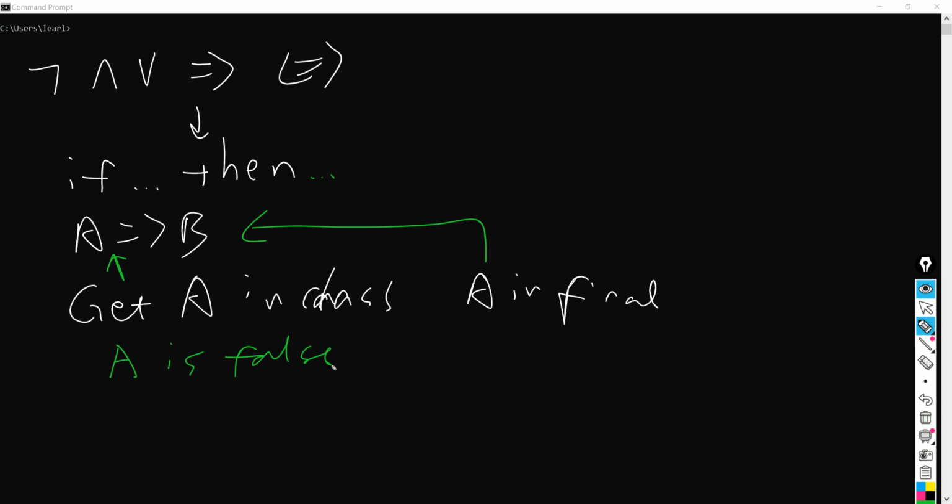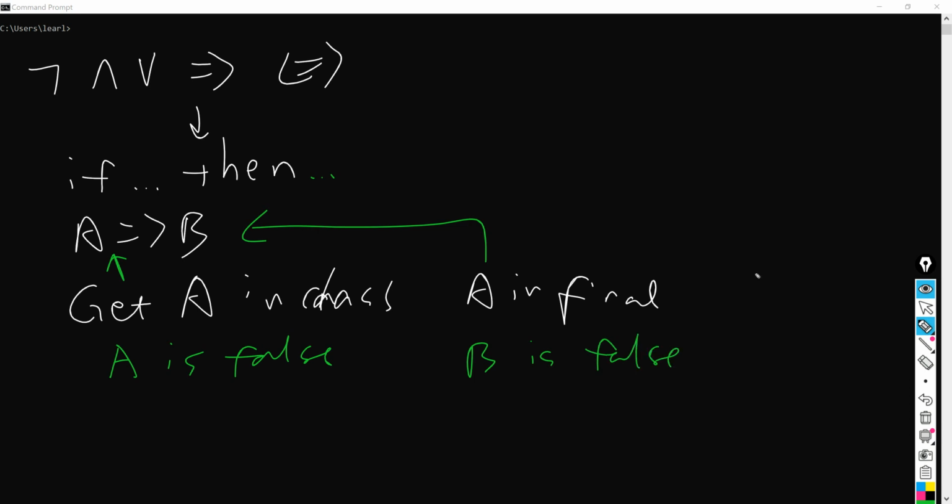That is, we didn't get an A from the class. Is it possible that we get an A in the final? The answer is we don't know. It can either be that we get an A in the final, or we didn't. If we didn't get an A in the final, of course, we cannot get an A in the class. So B is false.